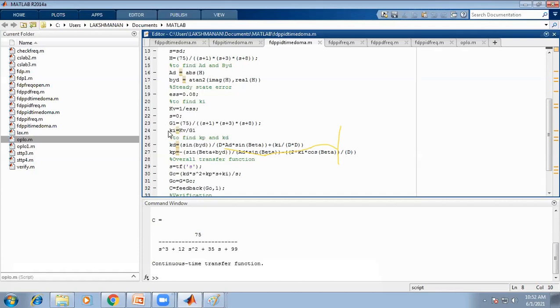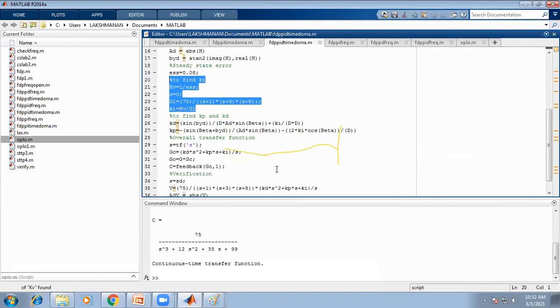Here I can consider ESS equal to 0.08, so Kv equals 1 by ESS. Substituting s equal to 0, I get Ki equal to Kv divided by G1, the constant value of G1 of s. Then Kp and Kd follow from the formulas.